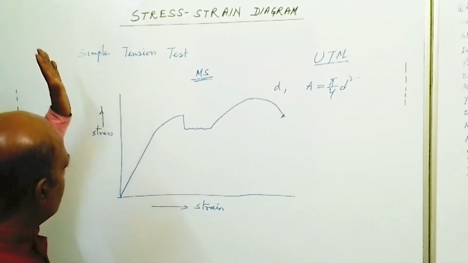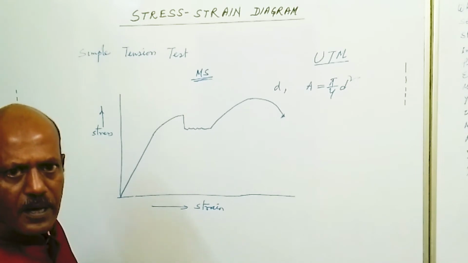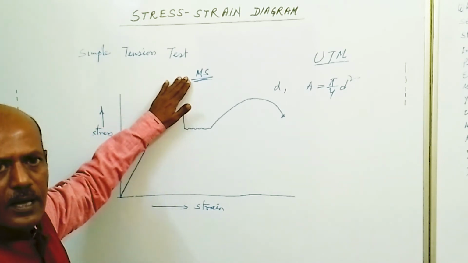So you will get an almost similar shape curve for mild steel.